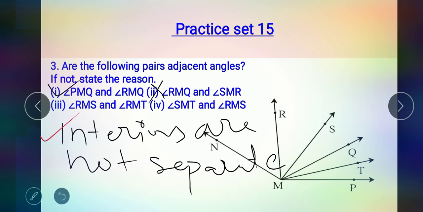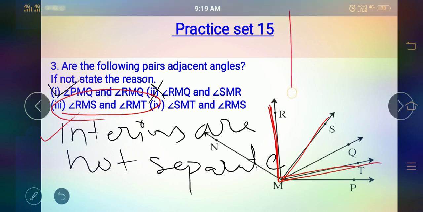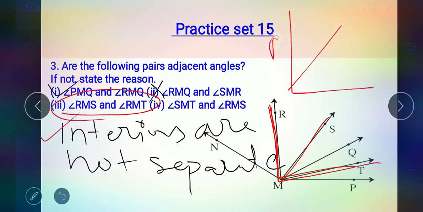In the same way, students, when you see RMS and RMT, I'll draw a separate diagram. RMS, here this is the interior, and RMT, here this is the interior.